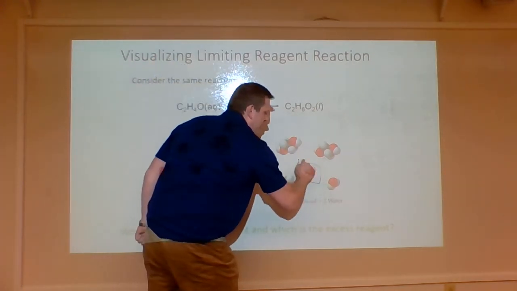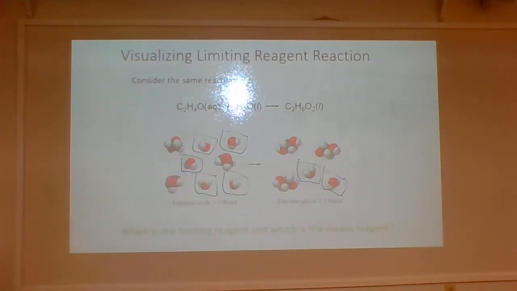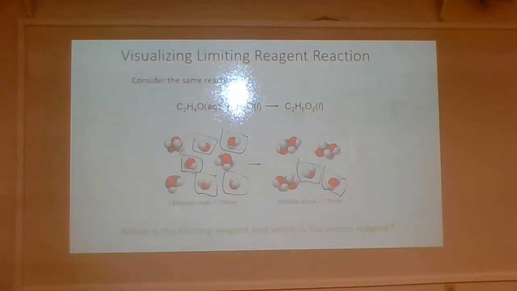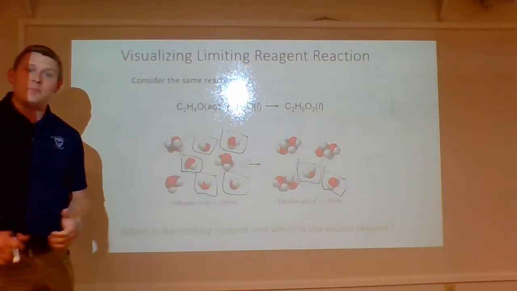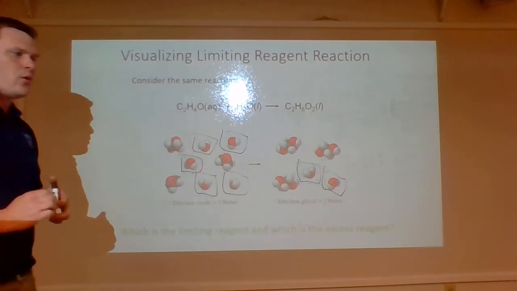And so what we're left with are 2 waters that remain at the end. The idea that one of the reactants is still present at the end indicates that it is an excess reagent. So therefore, it's pretty clear to see, ethylene oxide, since it's not present as a product, is our limiting reagent, and water is our excess reagent.